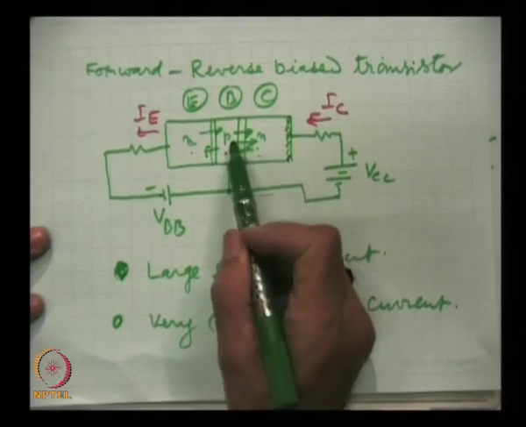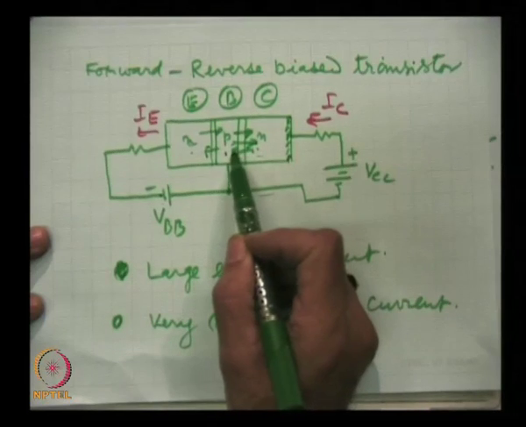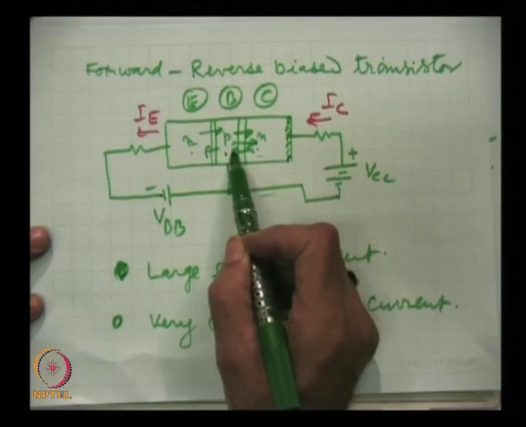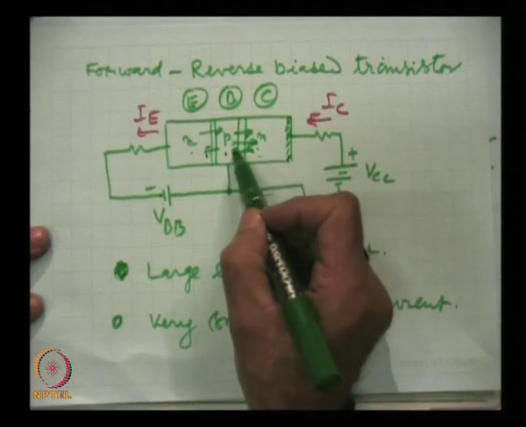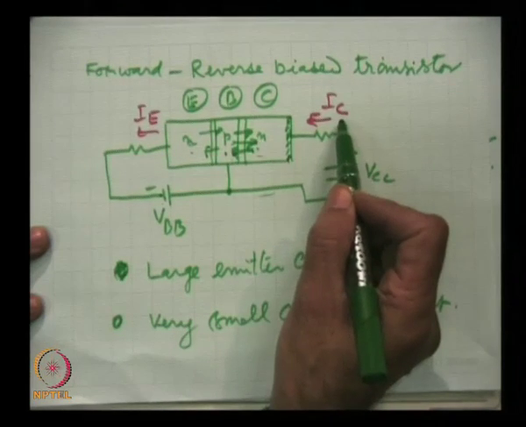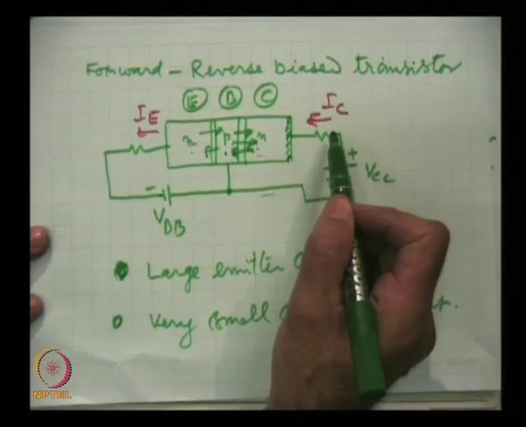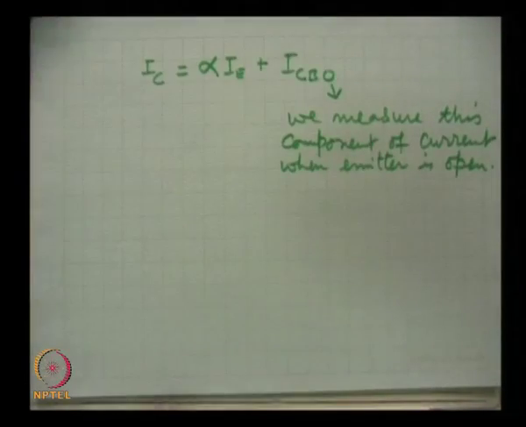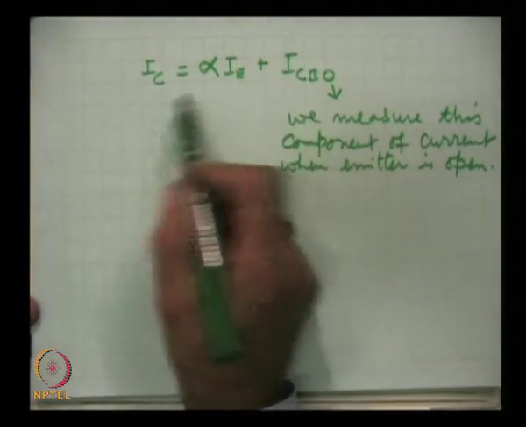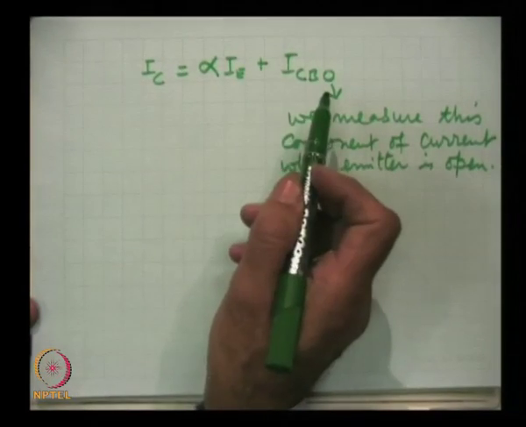So, electrons will move in this direction, holes in this direction, and that will constitute the reverse saturation current, and the hole direction is the conventional direction of current. So, this is in the same direction. So, these are the two components of current.